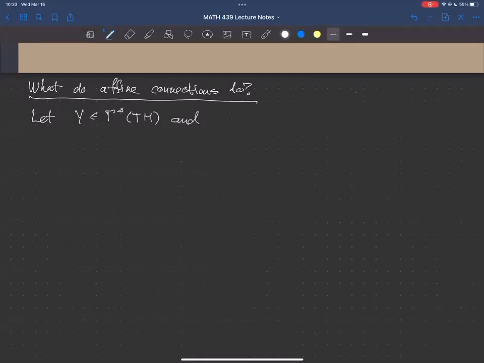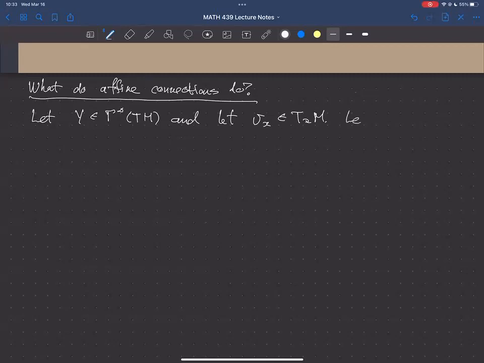And let V_x be a tangent vector at x. Okay. And so what I'm going to do is define the derivative of Y, not with respect to a vector field, but with respect to the single tangent vector. So there's kind of an obvious way to do that.